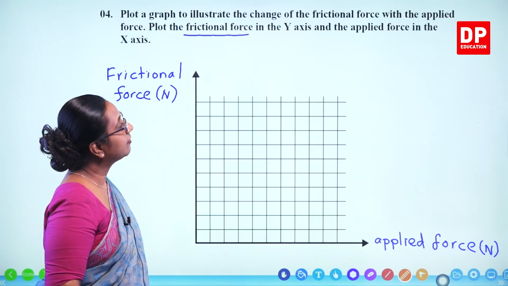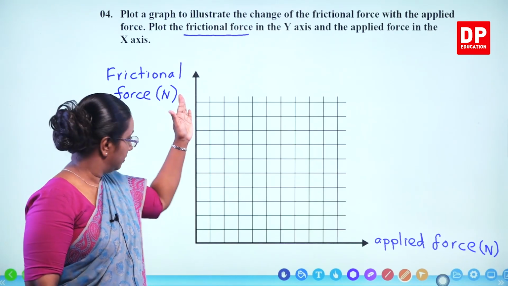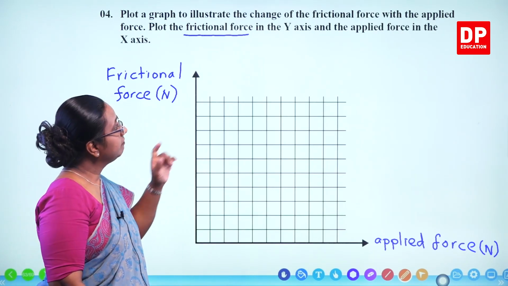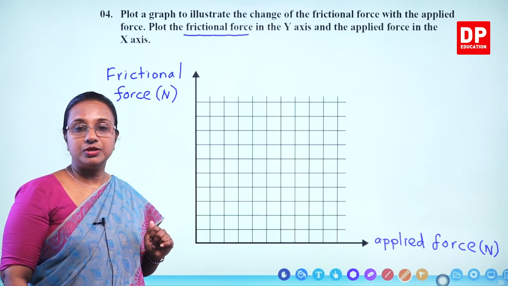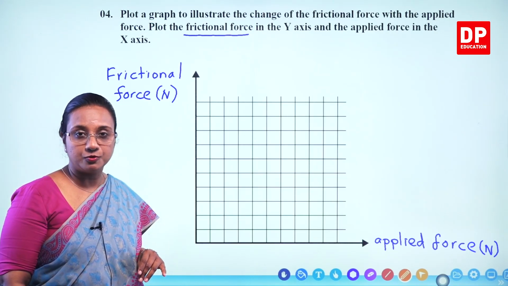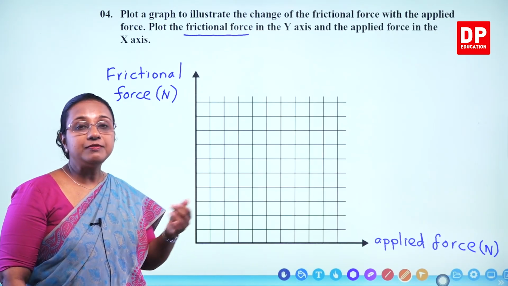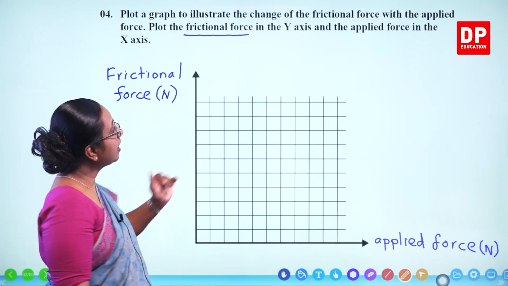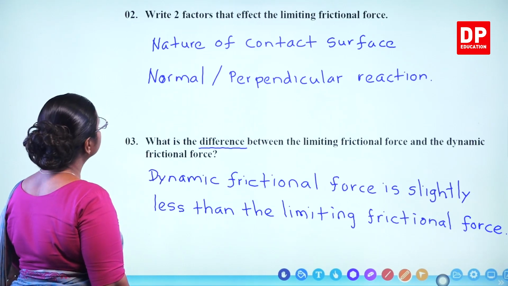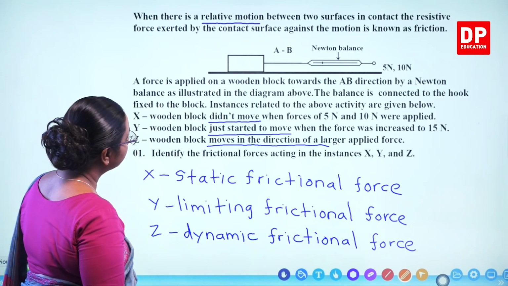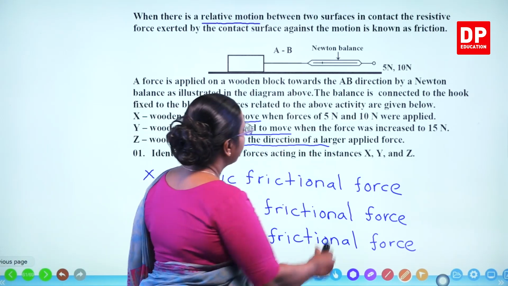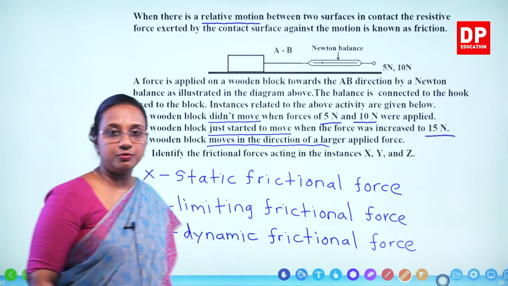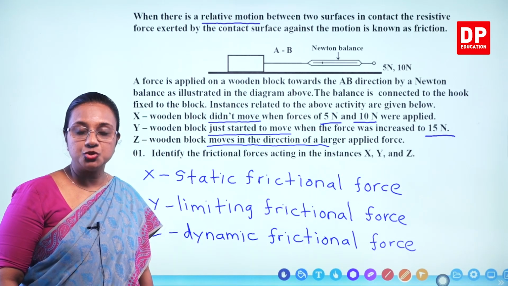So now we have to calibrate the two axes. If you can remember, students, we apply 5 Newton and 10 Newton force. Then when 15 Newton is applied, the block just starts to move. I will confirm the values. We can go back to the question. Here you can see 5 Newton, 10 Newton, and when it is 15 Newton, the block just starts to move.